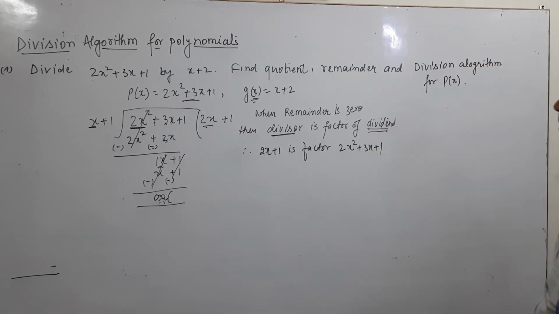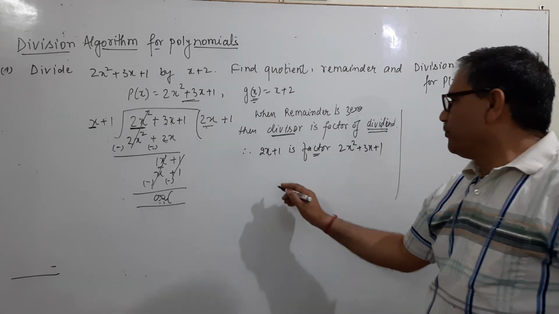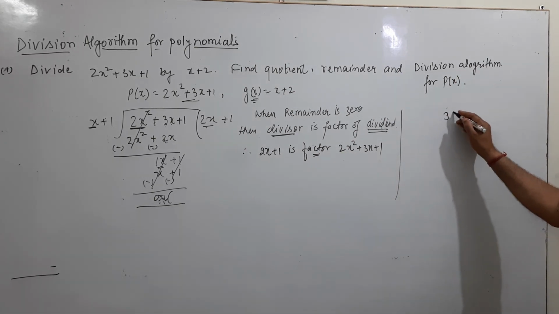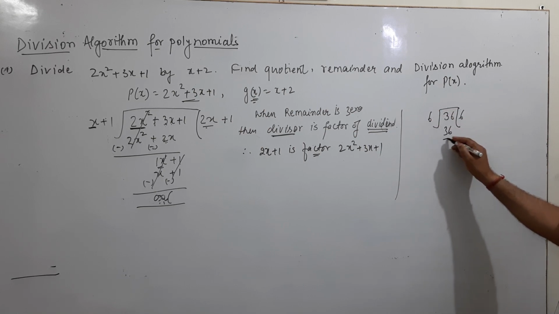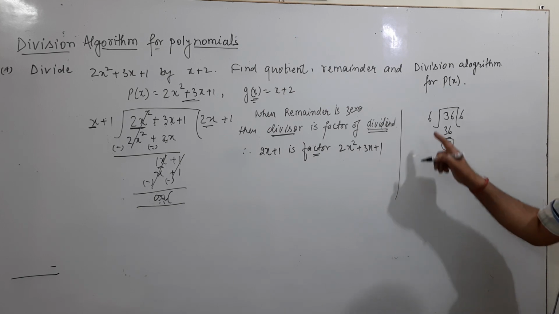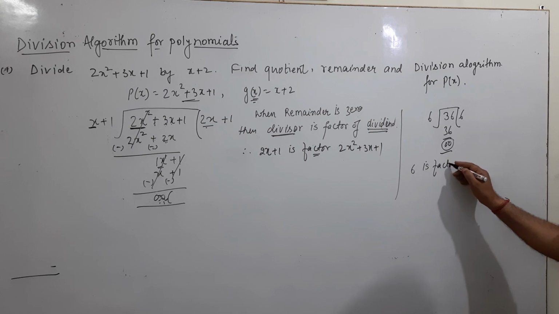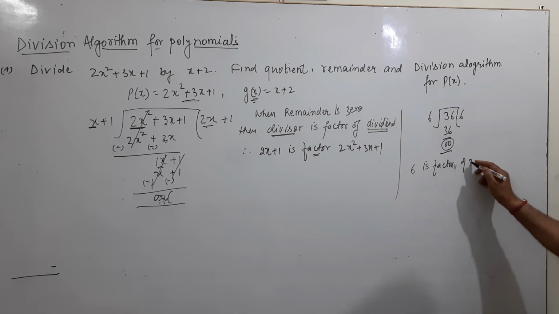For example, as you know, here is the word factor. If we divide 36 by 6, this will be 0. 0 आ गया, तो remainder is 0. तो this 6 is a factor of 36.